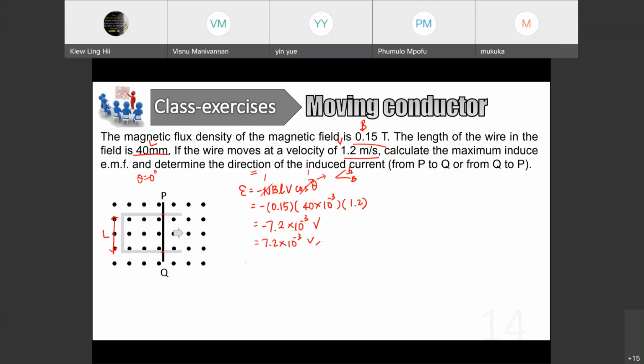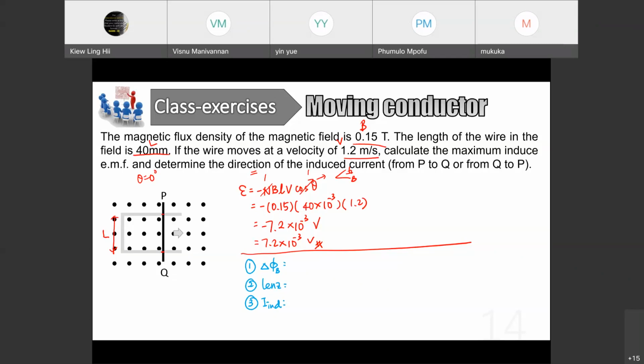All right. Next, move on to determine the direction. Remember, to determine the direction, you need 3 steps. The first one, observe the change. Second one, according to Lenz, in order to oppose the change. The third one, use your right hand grip rule to determine the induced current.